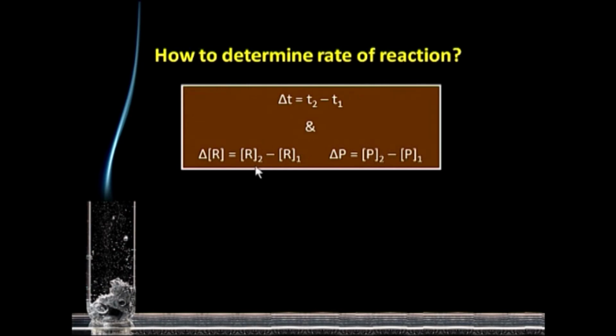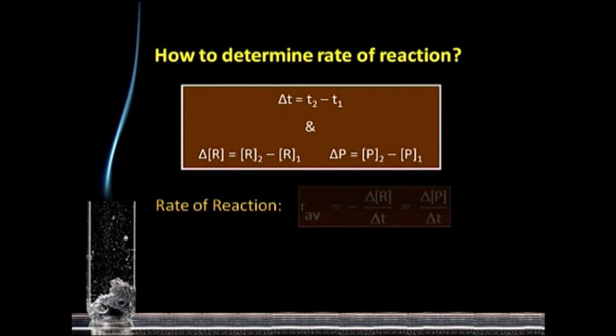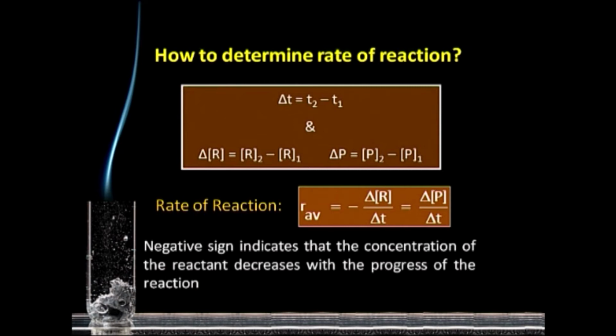We get, say, R2 minus R1 if we choose the reactant to monitor the progress of the reaction, or if we look at the product concentration, it becomes P2 minus P1, and you can see the rate of reaction can be written as r = -ΔR/Δt = ΔP/Δt. Delta stands for the difference in concentration, and delta t stands here for difference in time.